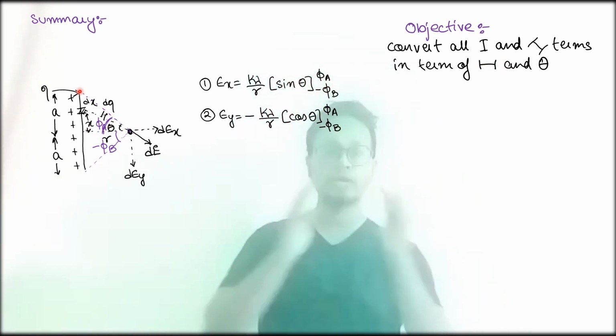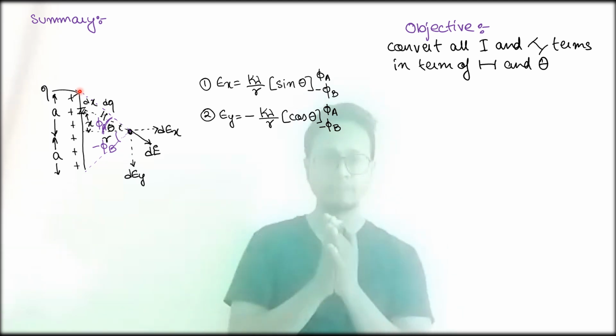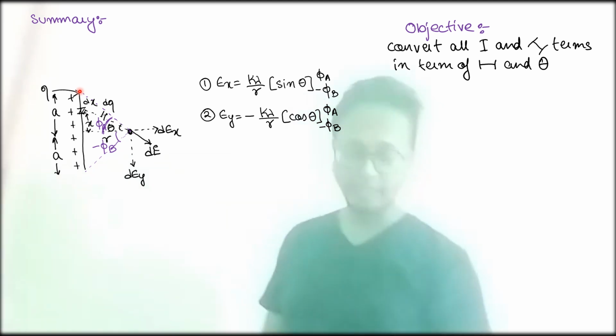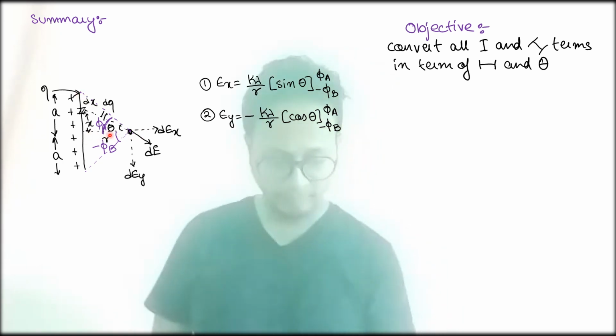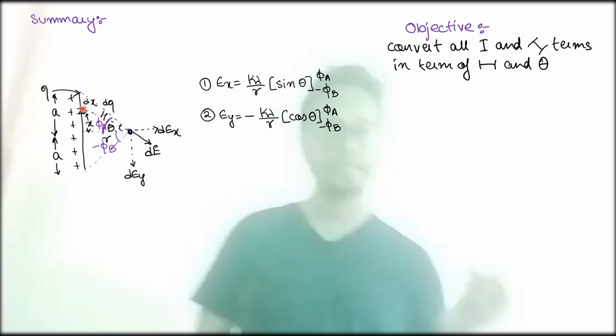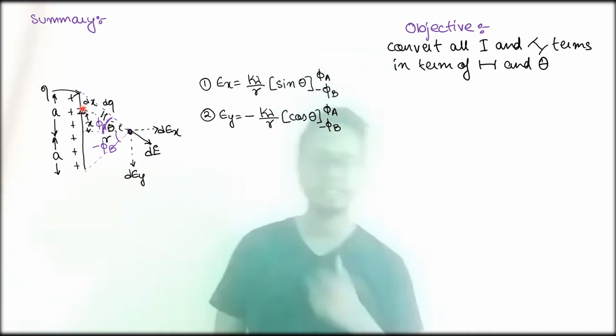So whenever such problems come up, convert all the vertical terms and hypotenuse terms into terms of r and theta, and then solve the problem. It will be much easier in integration.